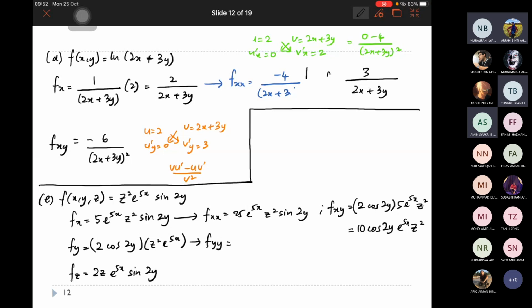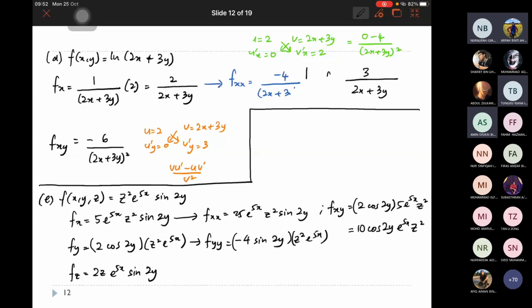Bezakan cos 2y, you are going to have negatif 2 sin 2y. So akan dapat negatif 4 sin 2y. Okay. Darab z squared exponential 5x. This is fyy.